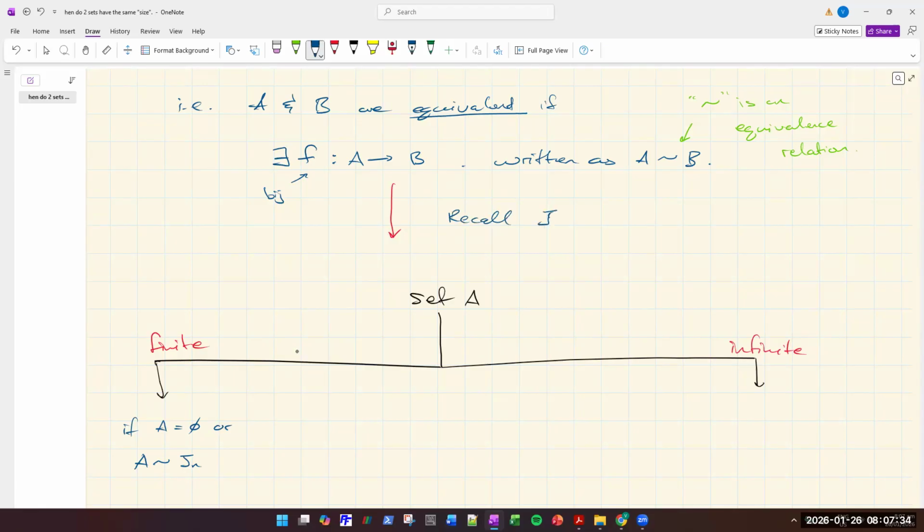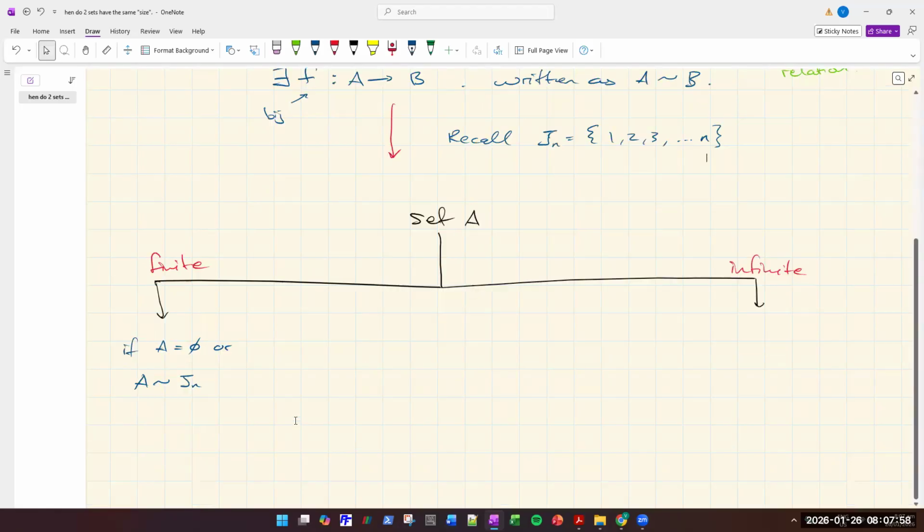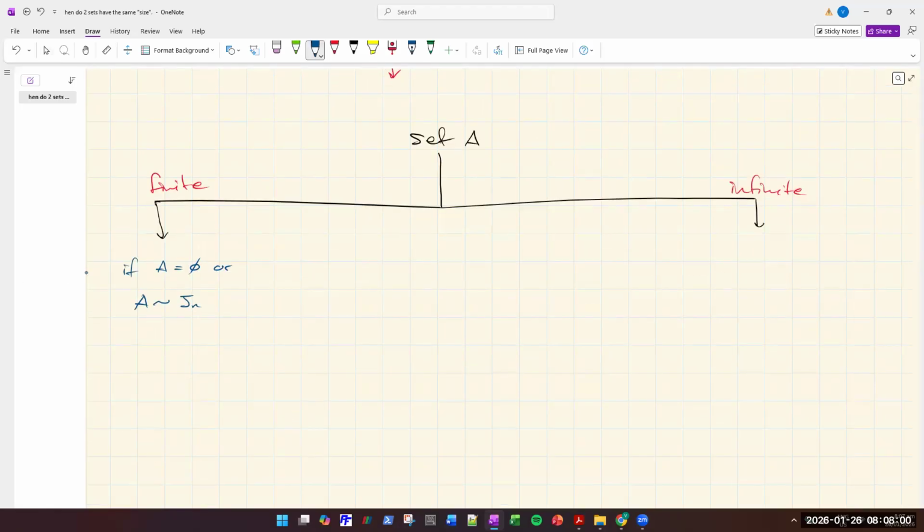The set Jn is just the set of the first n natural numbers. So the natural numbers are 1, 2, 3, and you keep going. Jn just means you take the first n of these. So if you can find a bijective function between Jn for some value n and your set A, then we say that A is a finite set, or if it's equal to the empty set.